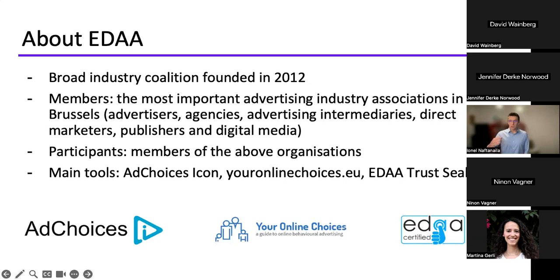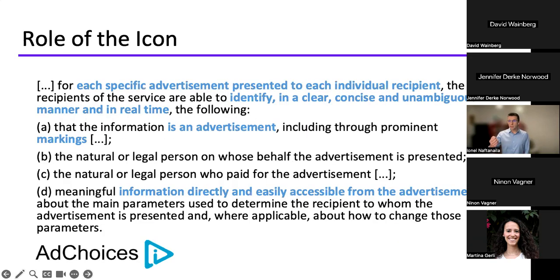Our challenge, moving on to the next slide, when the DSA started to be discussed in Brussels, was a little bit the complement of what David described in the beginning of this webinar, which is by looking at the early draft of Article 26, it had a different number at the time, but the main key characteristics were still there.